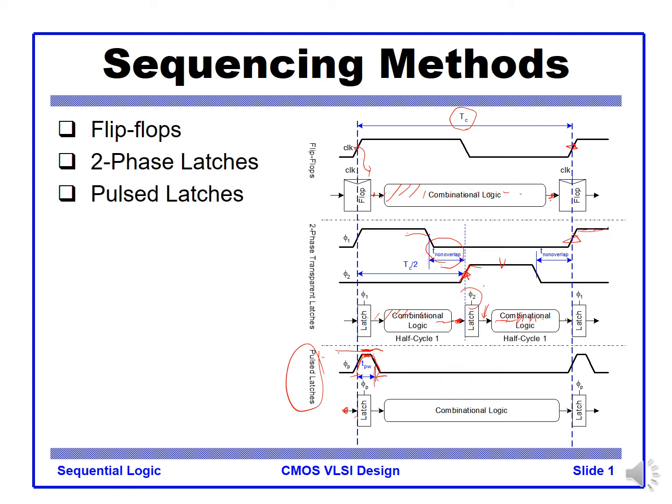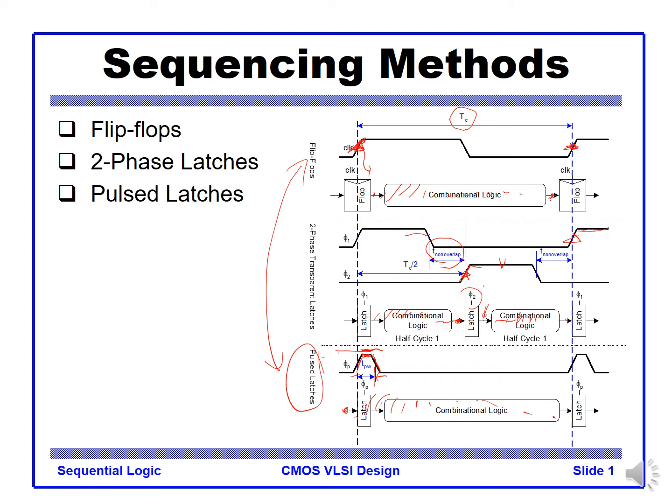Once that data is properly captured onto the latch, then data comes out from the latch and propagates through the combination logic. This pulse latch and flip-flop have similar operation. For the flip-flop, the beginning of the event and the end of the event will be defined by the clock edge here.